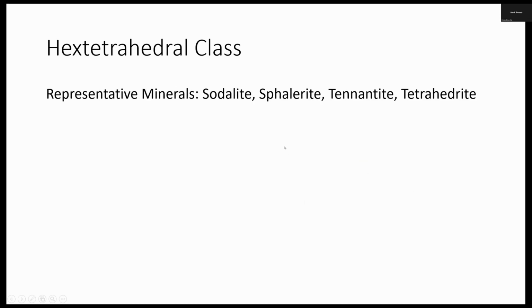So some of the representative minerals, the ones that probably come out, tennantite, tetrahedrite, definitely tetrahedral. Sphalerite, you can definitely get tetrahedral, but you also get quite a few other forms. Sodalite is not one that I would have picked as being that, but then I haven't looked at sodalite crystals that closely, and I probably need to have a bit of a look at that.